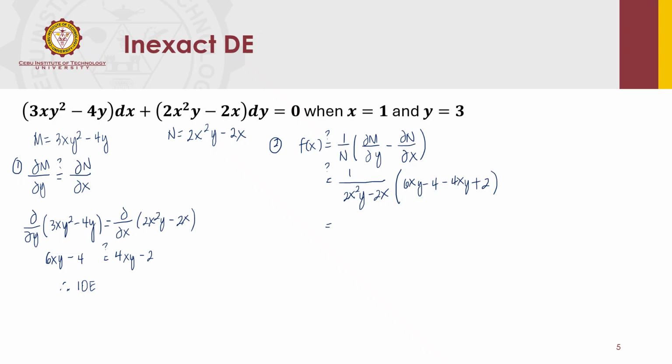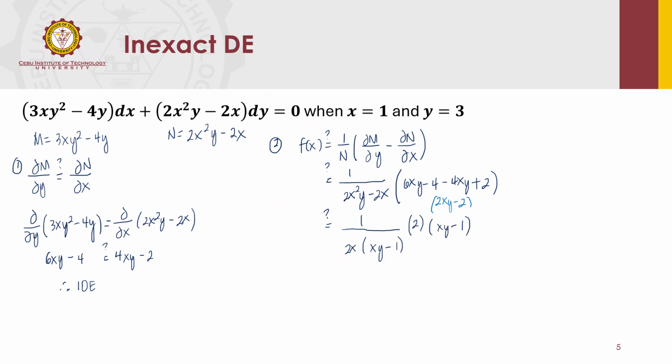If we factor out the greatest common factor for the denominator, it's 2x, so we get xy minus 1. And then for the numerator above, it's 2xy, combining like terms, we get 2xy minus 2. So we factor out 2 for the greatest common factor, and then we have xy minus 1.